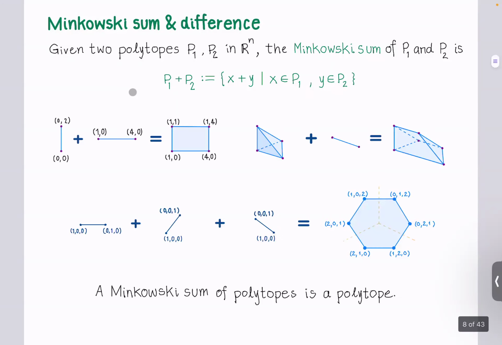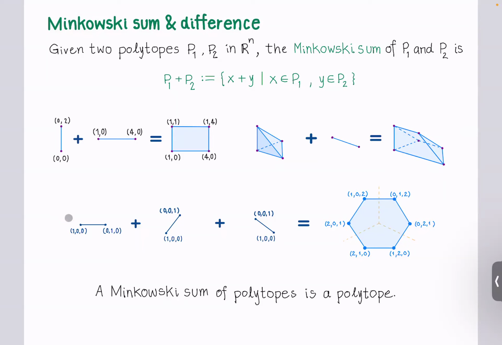Let's see some examples, better with examples. Here are 2 examples, maybe 3 actually. The first one is my P1 is this vertical line and my P2 is this horizontal line. And I add them up and it gives me a rectangle. And this one here, you get this polytope plus another line segment, and you get something that looks like this in R3.